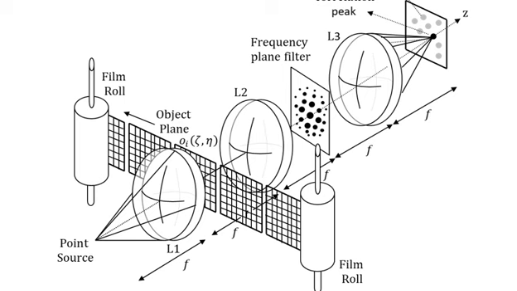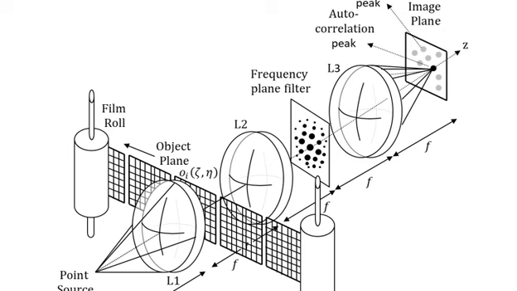You can see that the frequency plane contains different dots of light. This is the spectrum of the input object that has been generated by the lens L2. And this is the plane where we shall place our frequency plane filter or the matched filter that we have constructed using the previous setup.